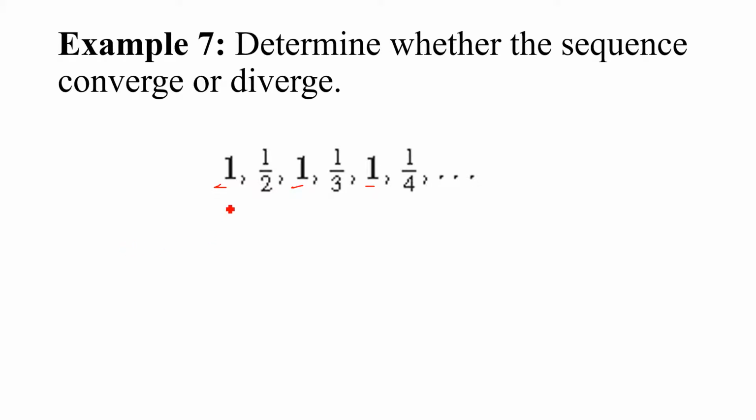However, the even numbered terms, 1/2, 1/3, 1/4, are approaching 0. So since the odd and the even numbered terms are not converging to a single number, this is an example of a diverging sequence.